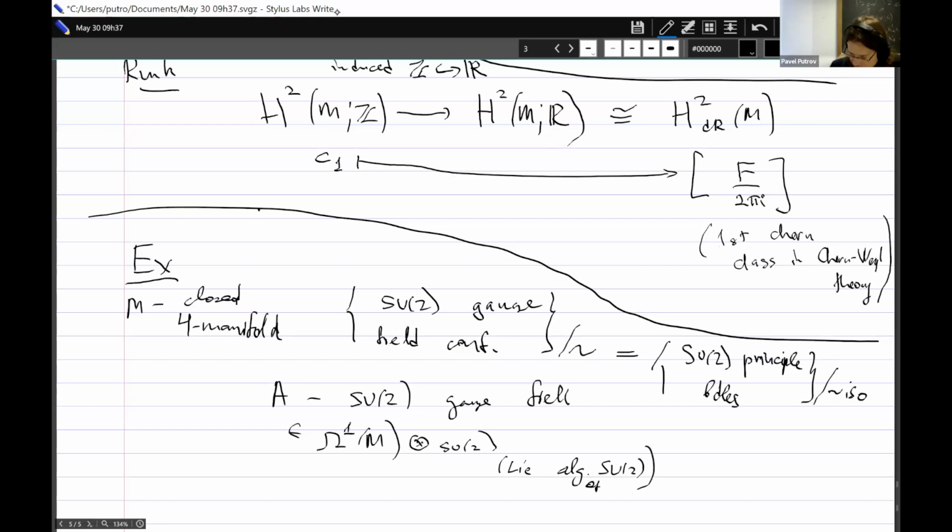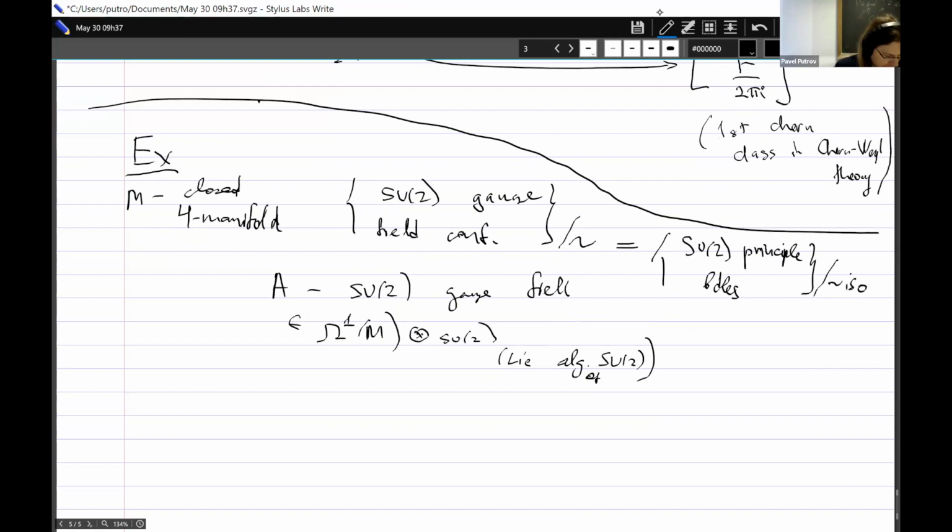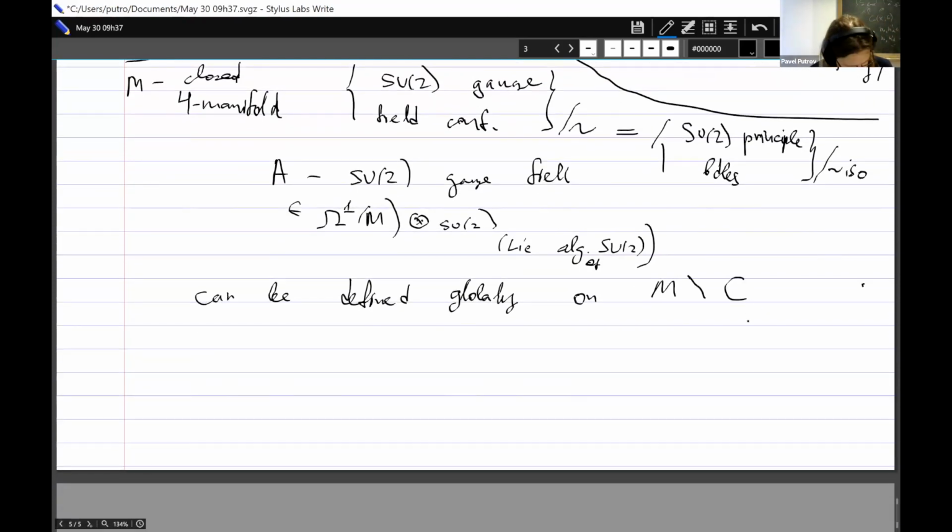And so here there's a similar statement: A can be defined globally on a complement of a zero cycle in M. Zero cycles are just a collection of points.